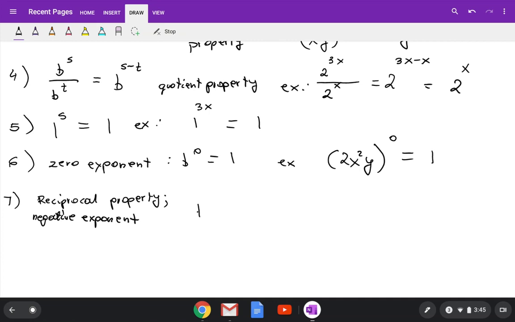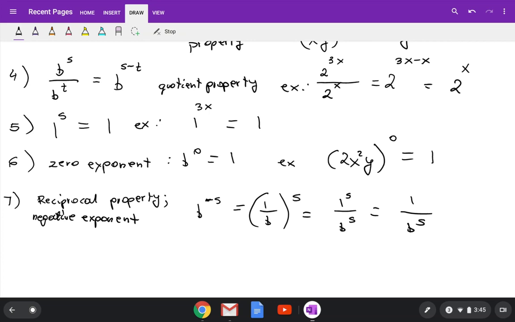So a base brought to a negative exponent: when you see a negative exponent, you take the reciprocal of the base and that exponent becomes positive. You can rewrite that also as 1 to the power of s over b to the power of s, which will give you 1 over b to the power of s, because 1 to any exponent is always equal to 1.